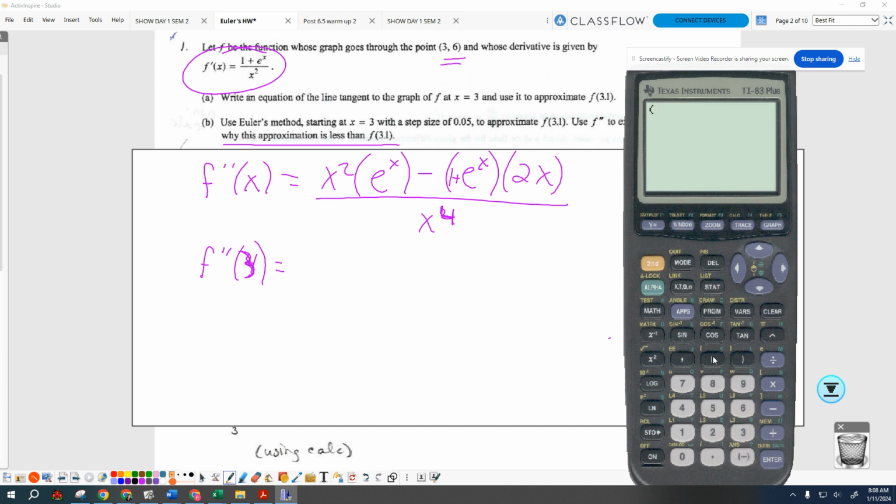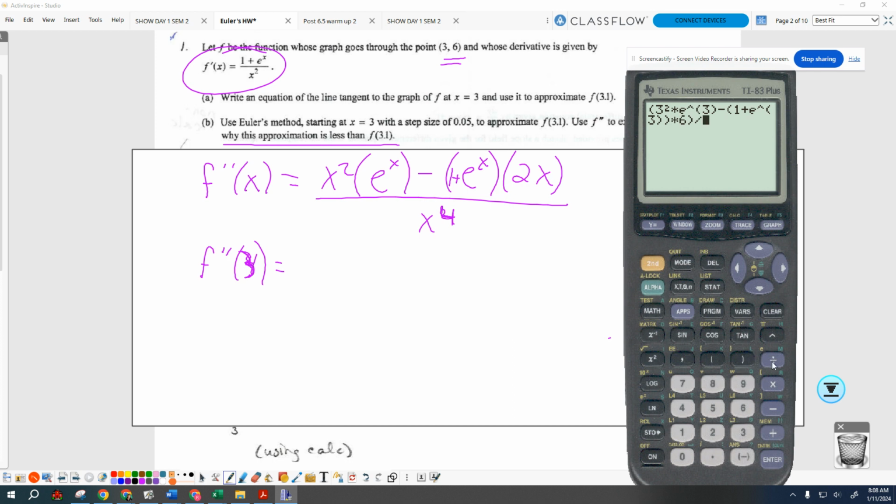Okay, so parentheses, 3 squared times e to the third, minus parentheses 1 plus e to the third times 2 times 3.